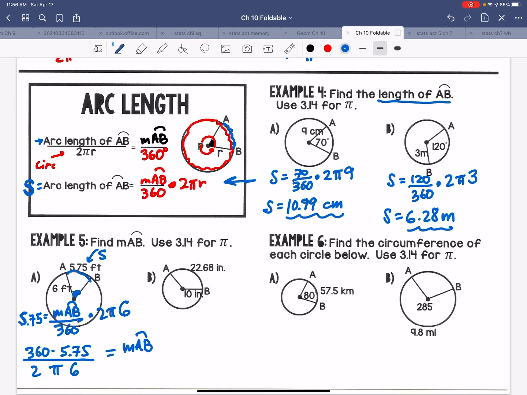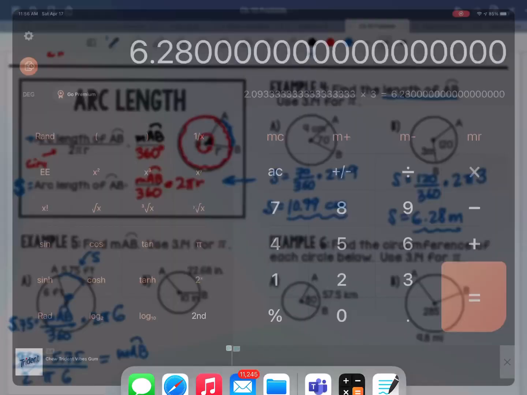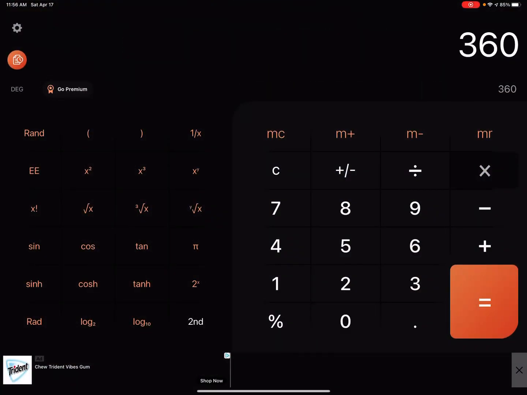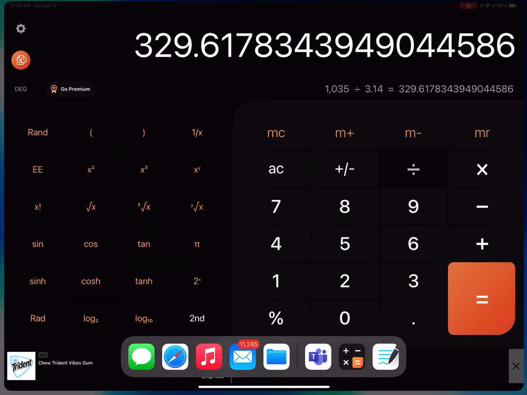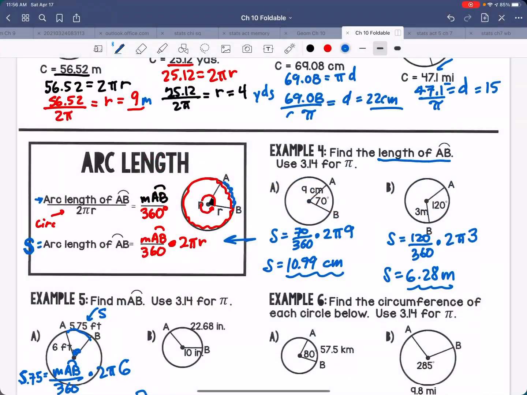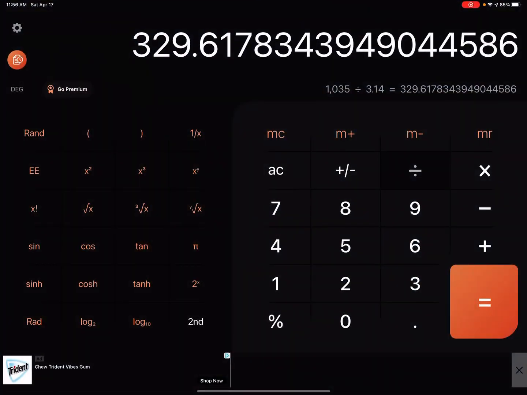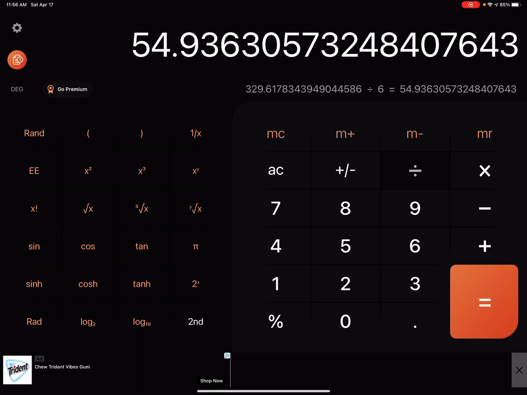360, 5.75. Times 2, or divide by 2, divide by pi. And the radius is 6. Divide by 6.